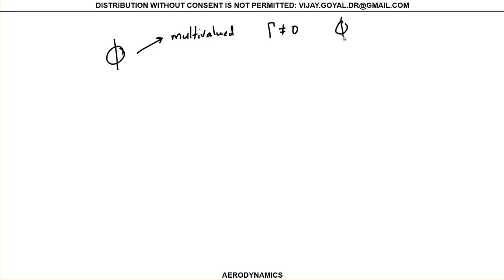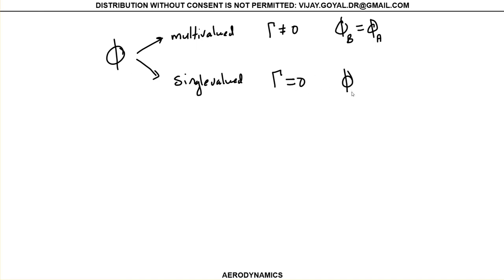In other words, you can show that the value at B is not equal to the value at A. It is going to be single-valued if your circulation is zero.